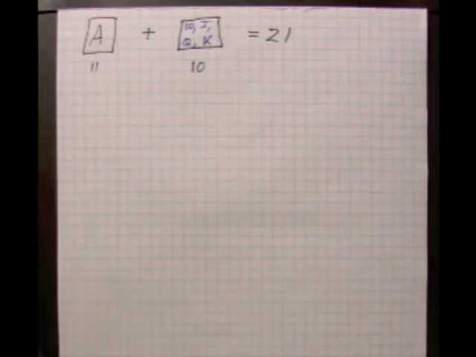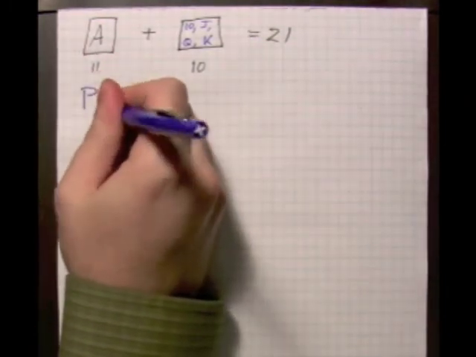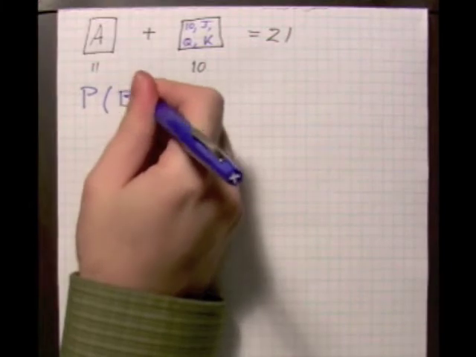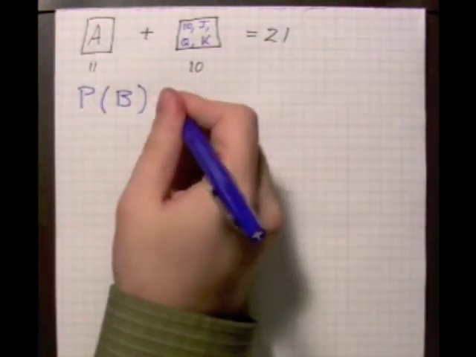So how do we calculate how likely it is to get this blackjack? That is, what is the probability of B, where B is the event of getting a blackjack?